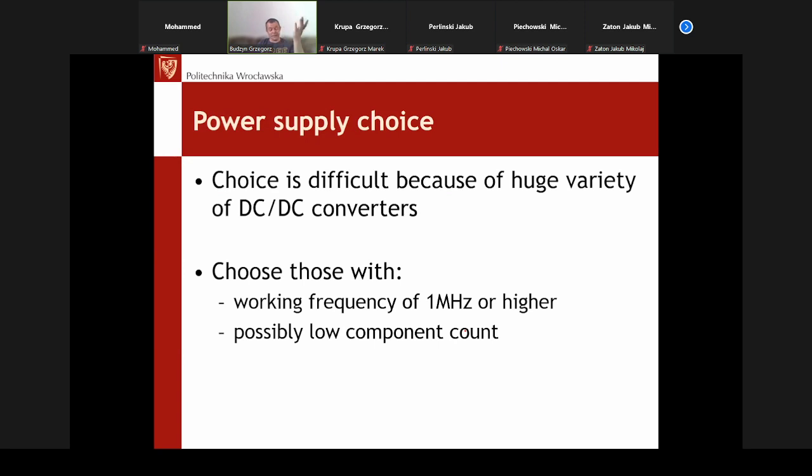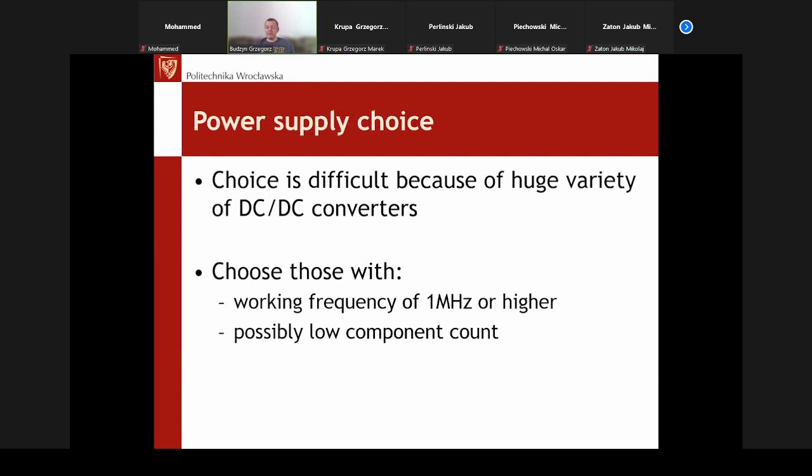Some regulators like the LM317 or the 78 family, 79 family for negative regulators, regular ones, exist in various cases, so you just choose the case adapting to the expected power consumption, and it's done. So there is not much difference in linear regulators. In switching regulators, there is such an abundance of them that sometimes you're just sitting and skimming through the documentation and thinking, oh gosh, what should I choose?